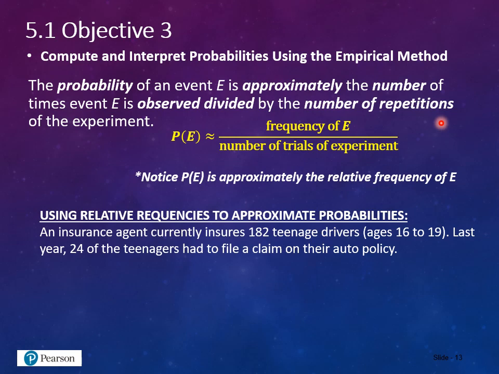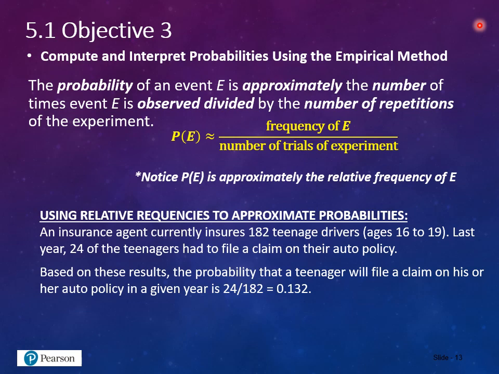Using relative frequencies to approximate probabilities. Here's an example. An insurance agent currently insures 182 teenage drivers ages 16 to 19. Last year, 24 of the teenagers had to file a claim on their auto policy.